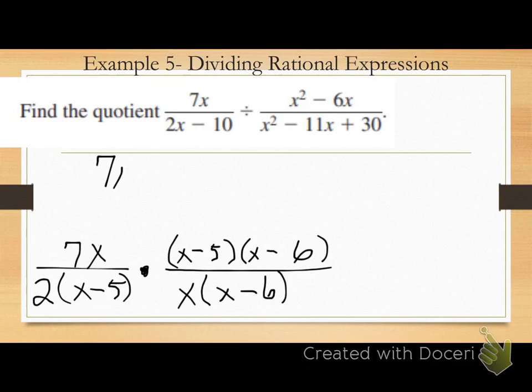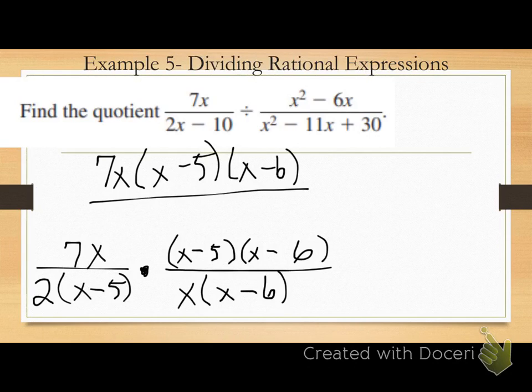So I have 7x times x minus 5 times x minus 6 over, I have this 2 and I also have this x. Is everyone okay if I put those next to each other to make 2x? And I have x minus 5 times x minus 6.